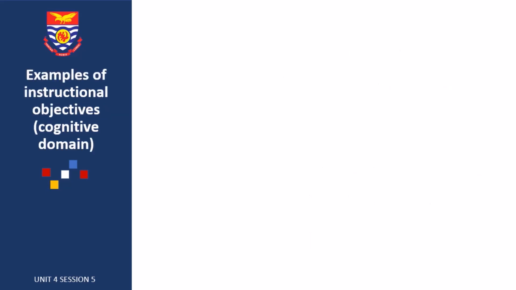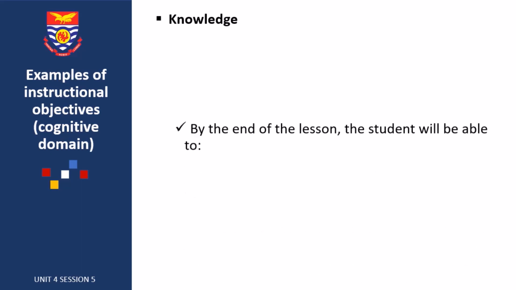Okay, now we can move on to look at some examples of instructional objectives considering the various levels of Bloom's taxonomy of educational objectives. Remember, we have already looked at these levels and we have considered the action verbs involved. So here we will only select an action verb and use it in an example.